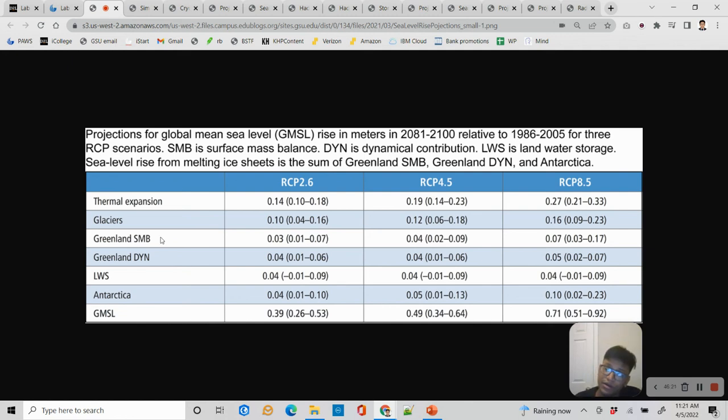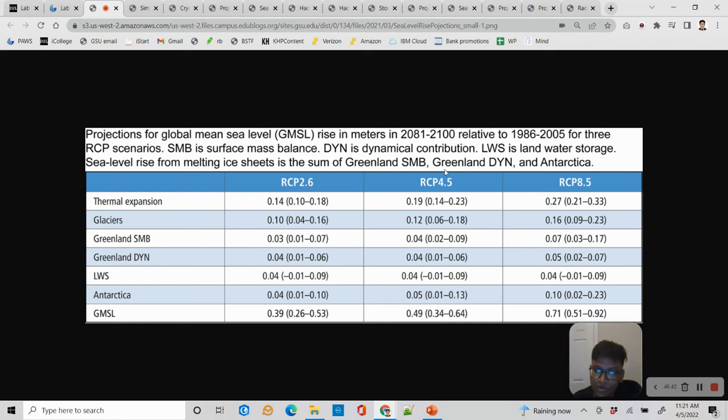So you need to sum all these three to get the melting ice value and compare it with the thermal expansion that's already there. For your convenience, don't take the average, just take the highest point. For RCP 2.6, let me show you how it is done.